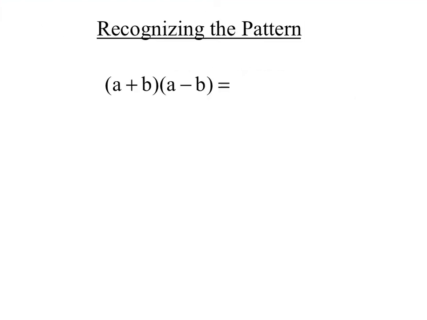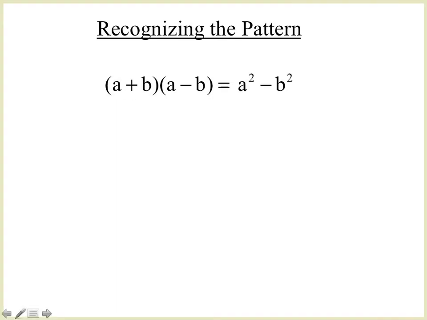So let's look at this. This is called a difference of squares. This happens when I have the same terms in both binomials, A and B. The only difference is my signs are different. So in this case, this is a sum and this is a difference.